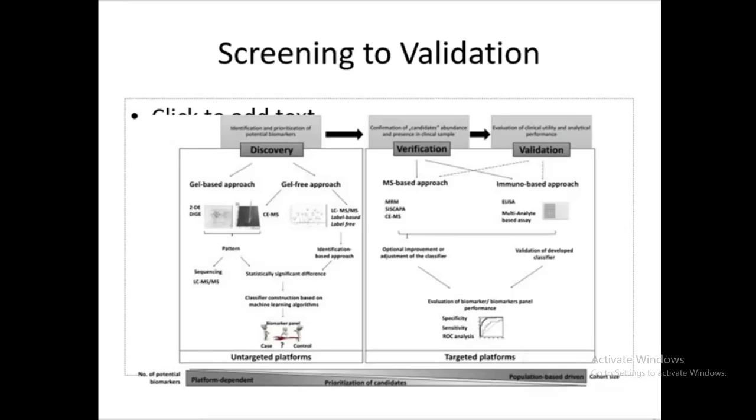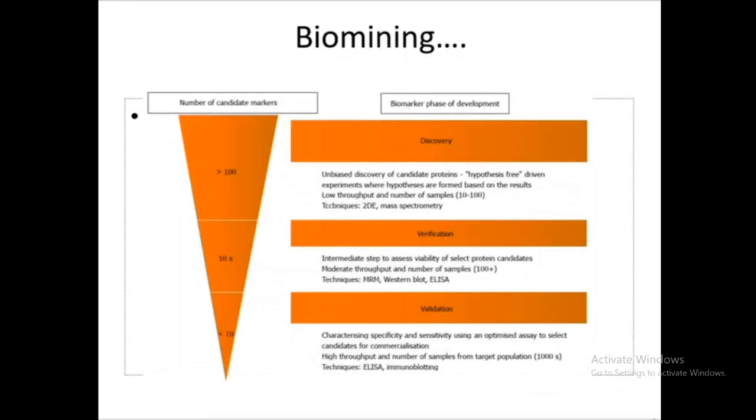Now, to give you an indication of this biomining process and how cumbersome it can be: when you go through this exploratory process, there's the potential to get over 100 candidates. But as you go through the verification steps, this can dwindle down to around 10 candidates.